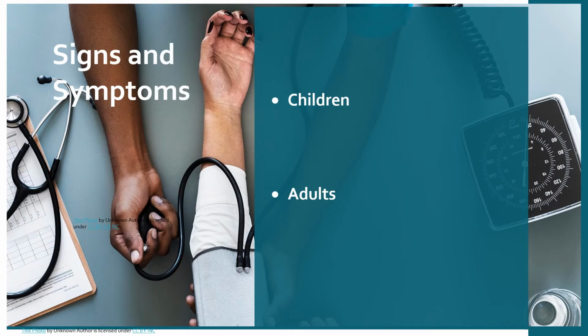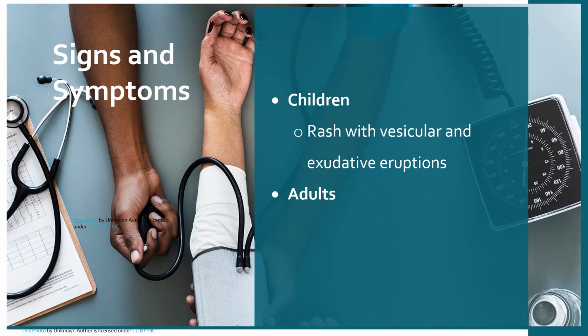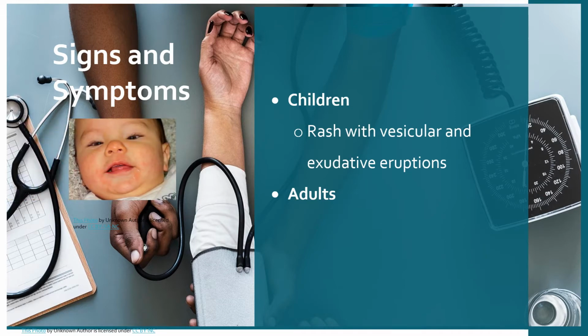Going on to signs and symptoms. On children, we have an example here. Rash with vesicular meaning a cyst-like or a sac-like, and exudative meaning oozing. So here we have an eruption with little pustules oozing from this child's face.